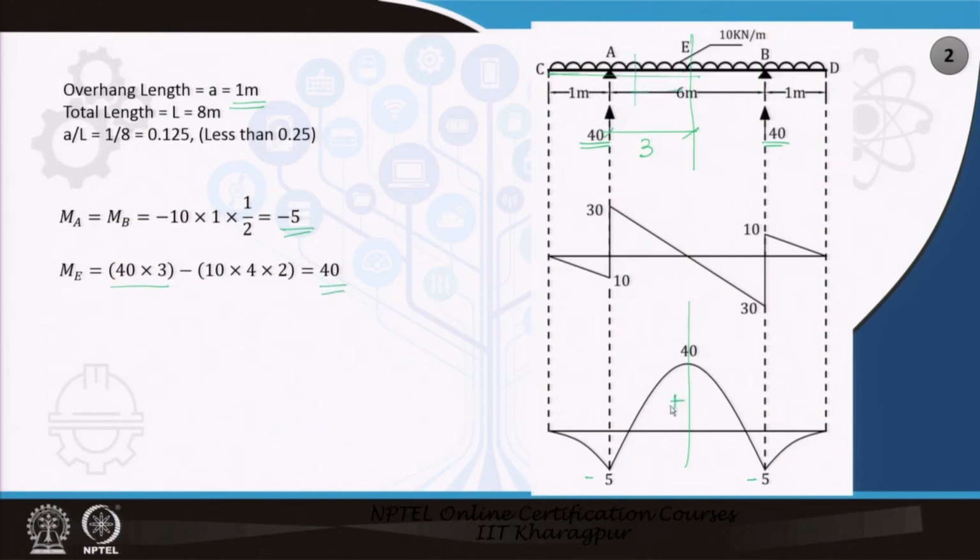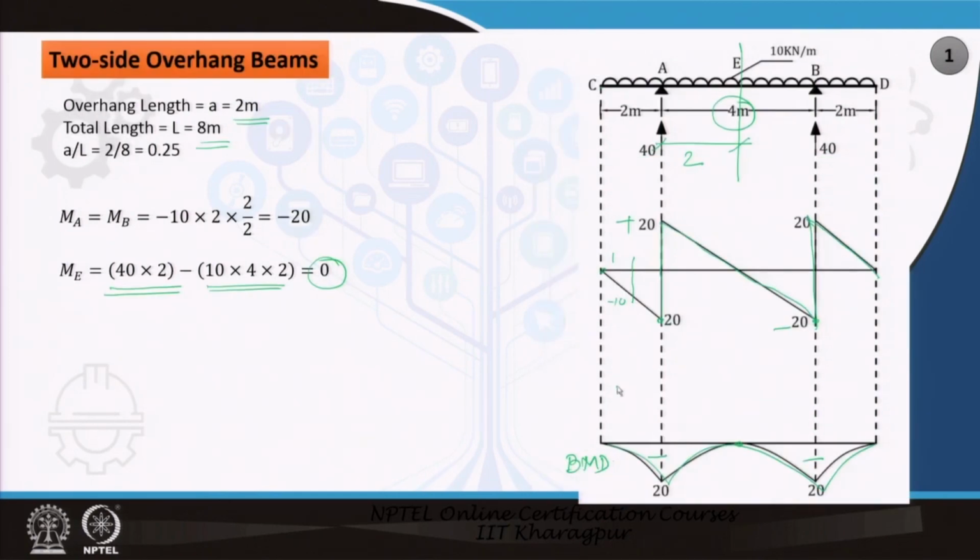So this is positive, this is negative, and these are the points of counterflexure. So the moment will be like this: this particular point is hogging, this particular point is hogging, and this particular point is sagging. So the beam will bend like this. In the earlier case, this entire portion is the hogging portion, so it will bend like this.